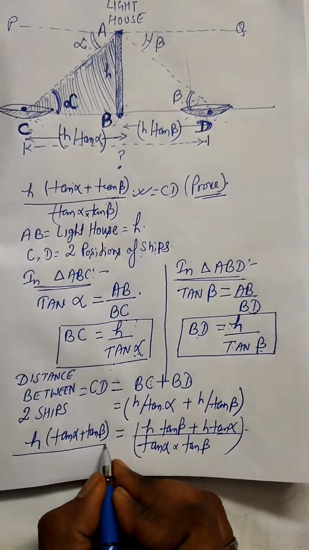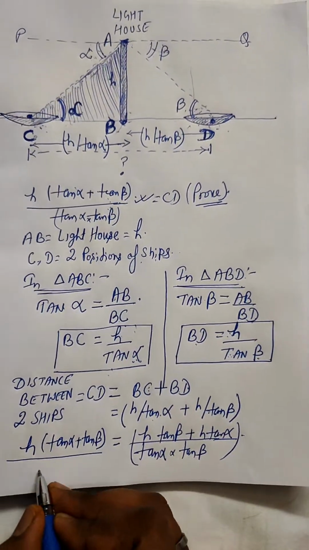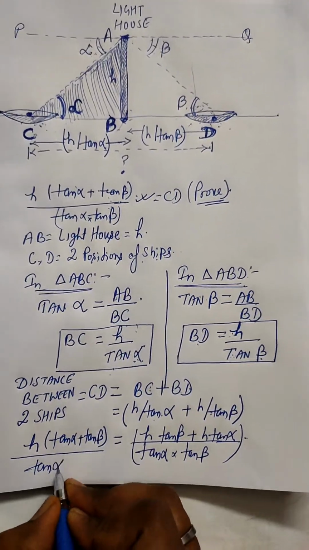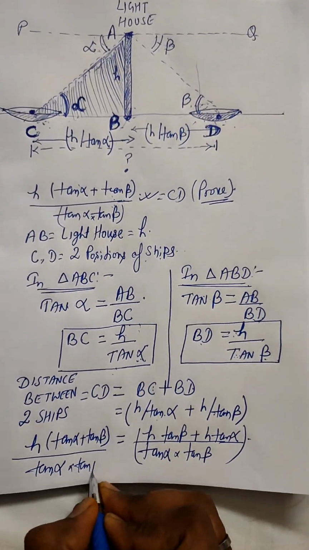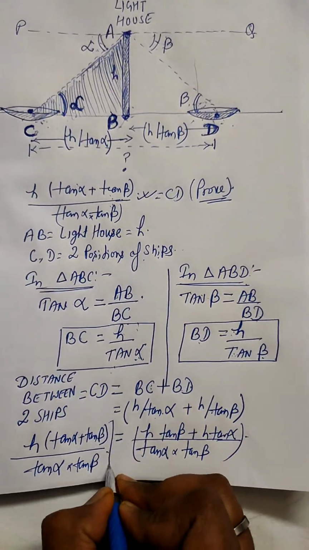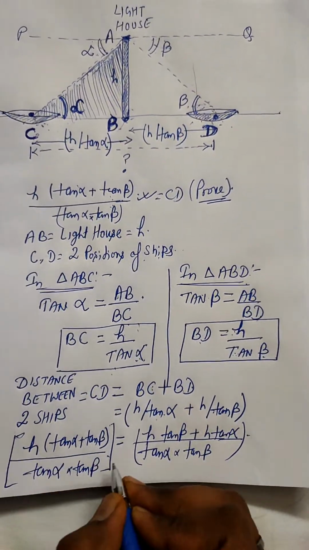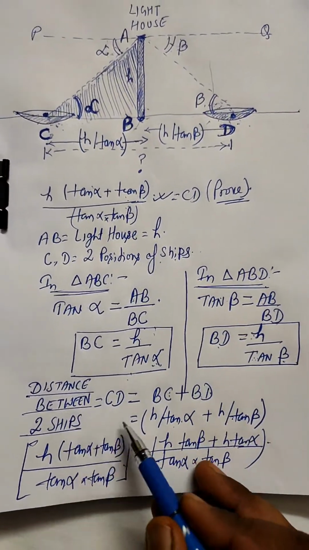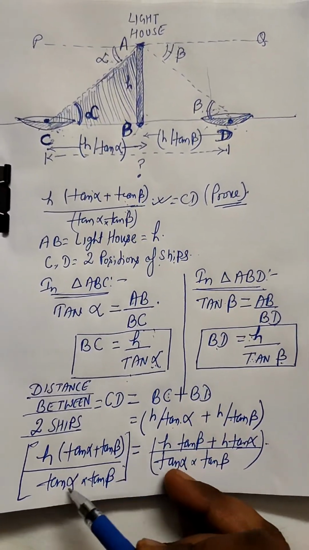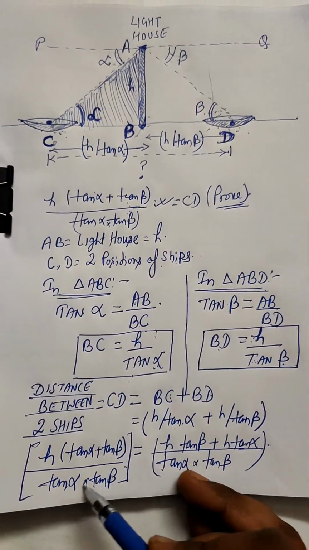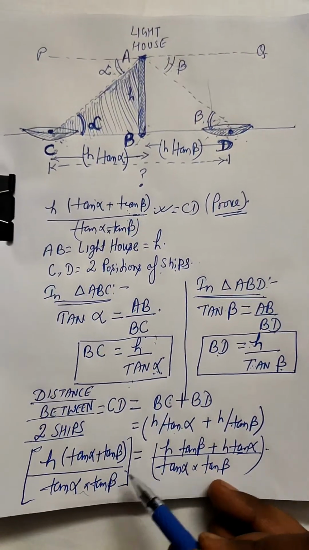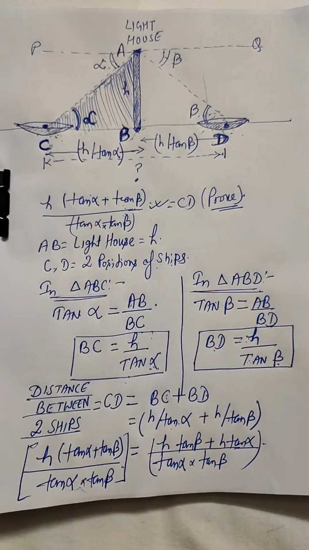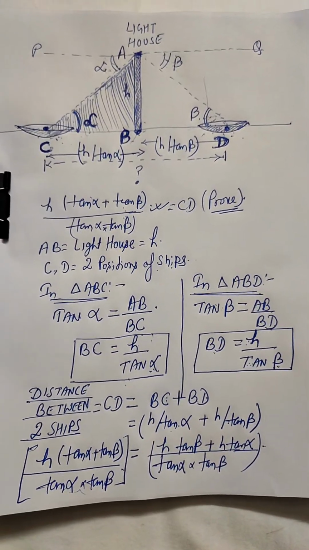And in the denominator we have tan alpha into tan beta. So in this way we have proved the distance between two ships as H times (tan alpha plus tan beta) by tan alpha into tan beta, right? So students, you have seen how we solve this question of height and distance.